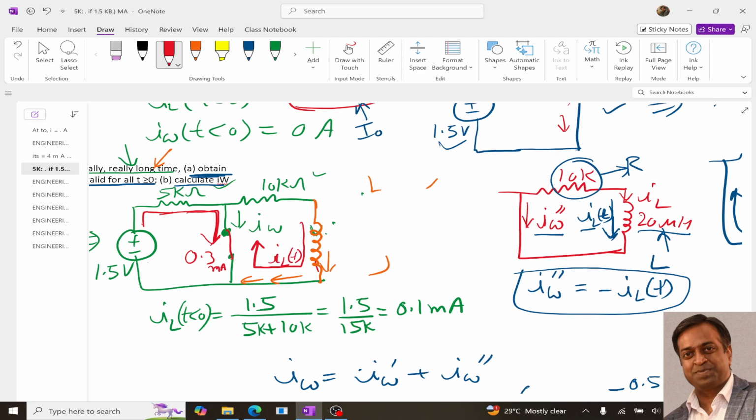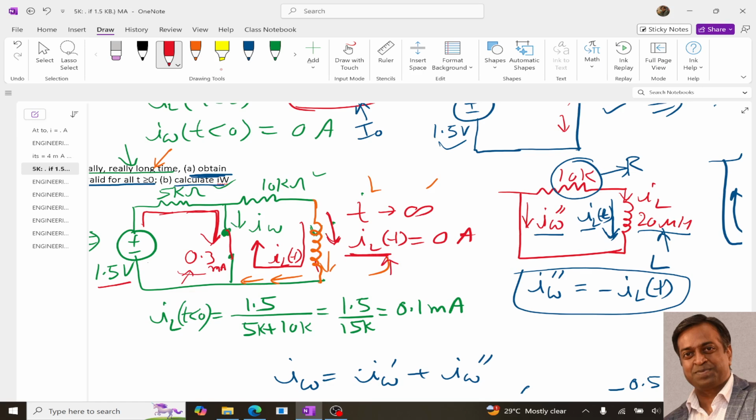Since the directions of these two currents are opposite, the inductor current is trying to reduce the IW current, means the impact of this 0.3 will be reduced because of this ILT.